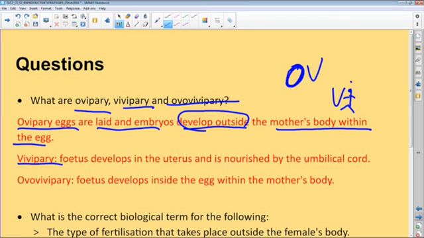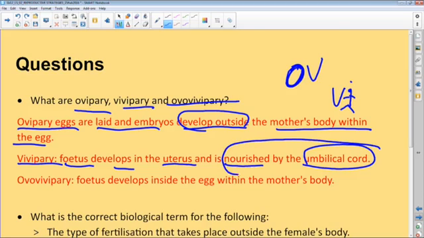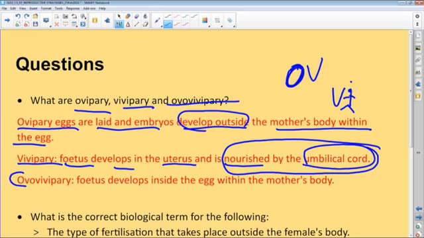Vivipary, fetus develops in the uterus and is nourished by an umbilical cord. Okay, that is the big thing. Nourished by an umbilical cord. That tells you it's viviparous. Because the next one, ovoviviparous, there it is, it's a fetus develops inside the egg and inside the mother's body.